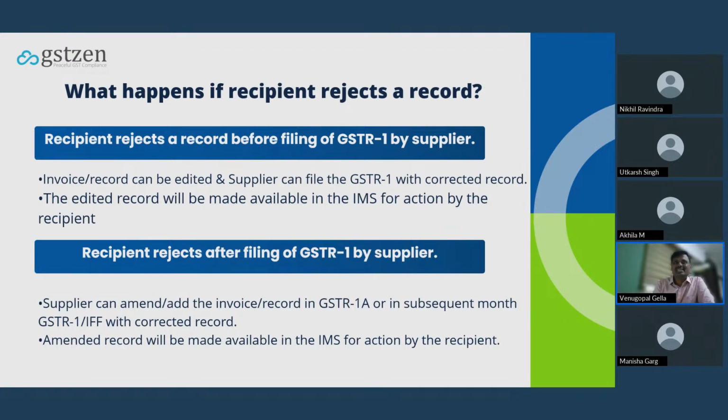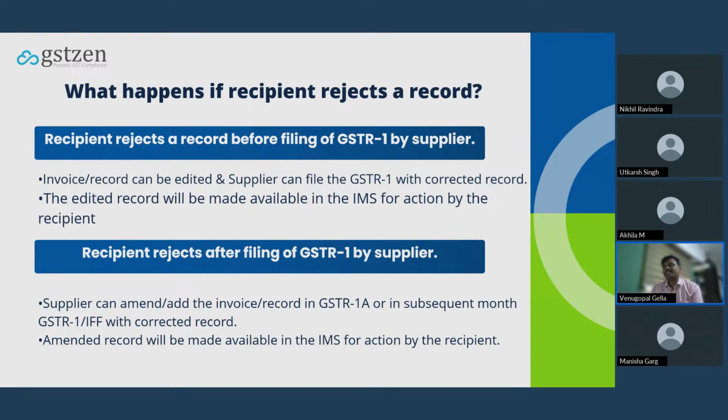If a record is rejected a second time, I cannot amend a record twice. So right now, even I don't have an answer if a record is rejected twice. How will the supplier show that liability, or the supplier might now need to issue a credit note and take an action on it. This is kind of a gray area.